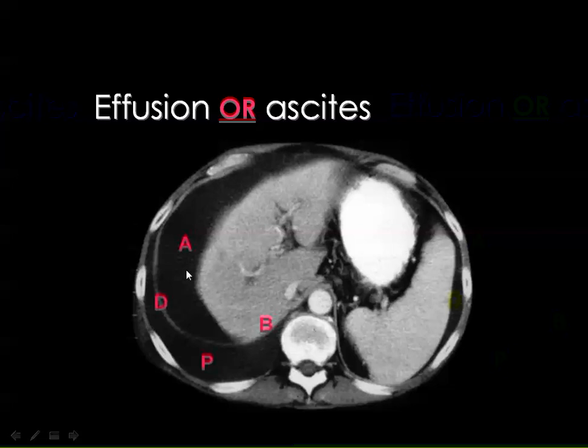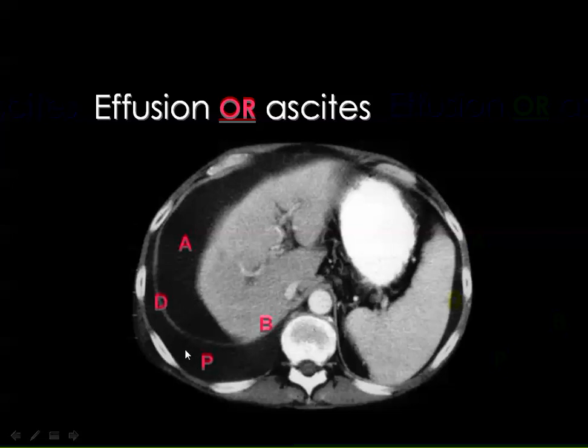Anterior starts by the letter A, and ascites is also by the letter A. And the fluid which is posterior to the diaphragm is pleural effusion, and the pleura starts by the letter P and also the posterior. Then you should identify the cupola of the diaphragm. The anterior fluid is ascites, the posterior fluid is effusion.